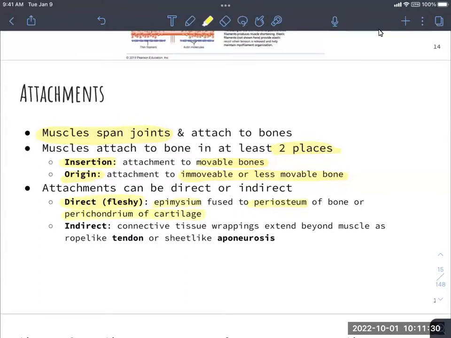And if they have an indirect attachment, the epimysium is going to turn into a tendon or an aponeurosis. That all helps you move your joints.